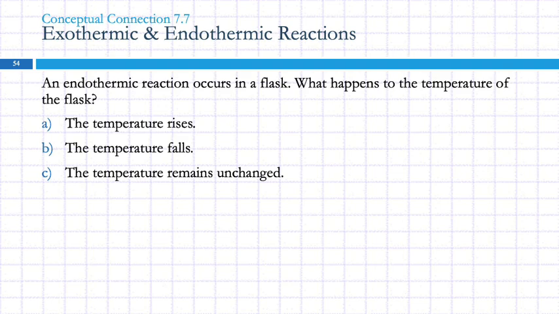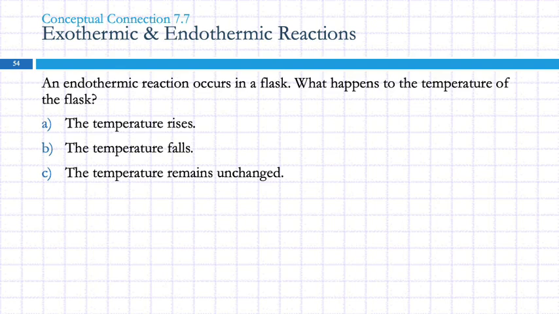An endothermic reaction occurs in a flask. What happens to the temperature of the flask? So we have surroundings and we have system. What is the flask? The flask is surroundings. The system is the endothermic reaction.